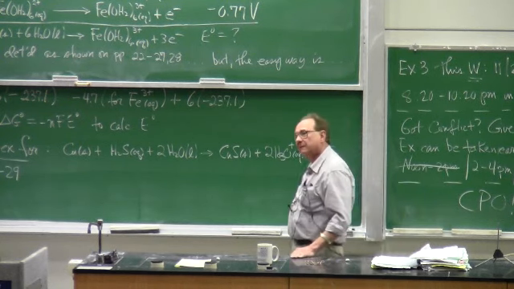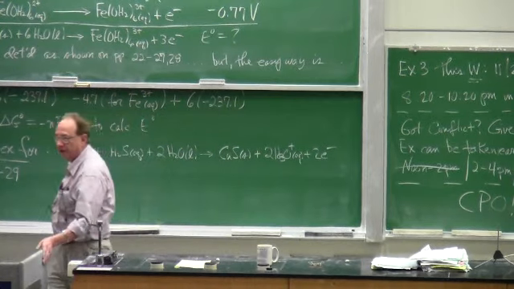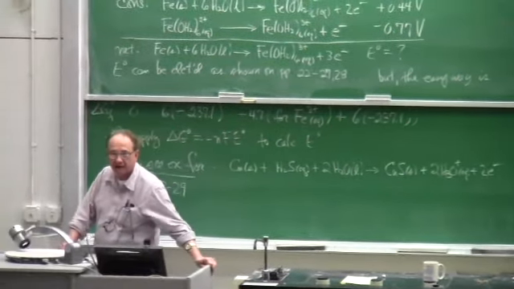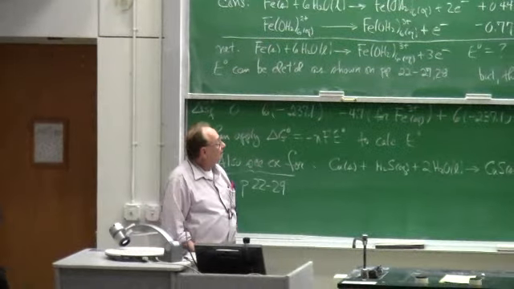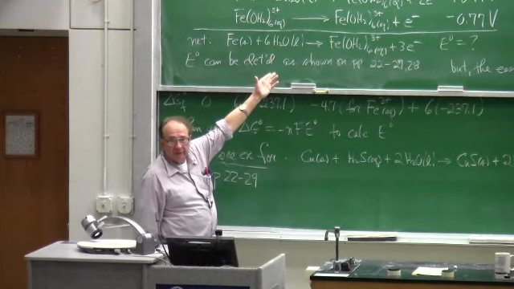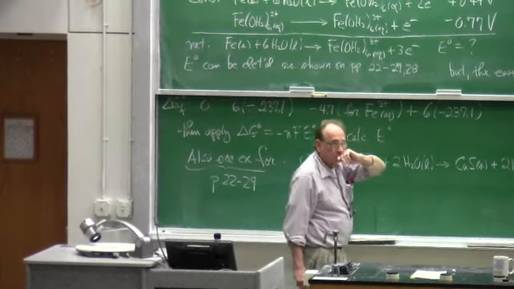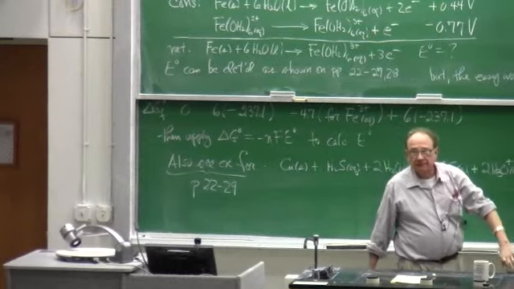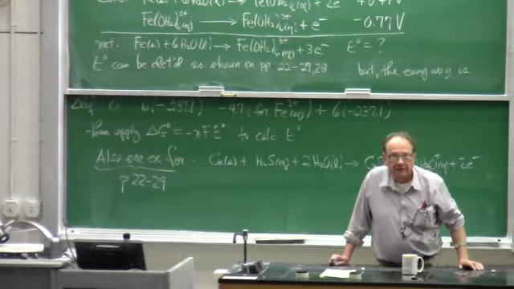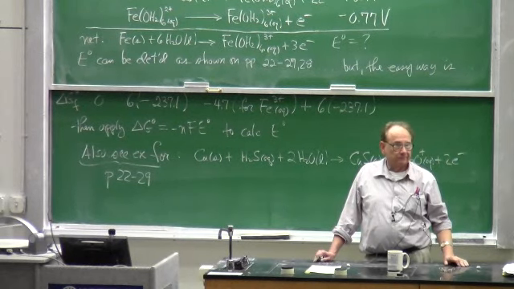So get out Table 1. You needn't do that now because I've got the pertinent data on the board. And for the half-cell reaction, the new one, for which you don't have the E0 value, use table 1 to get the standard free energies of formation for each component of the half-cell.